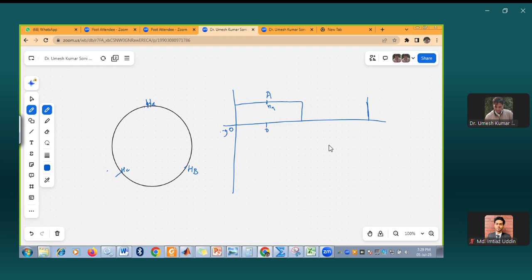This is 90 degree, and this is 270 degree. Sorry, 150 and 270. Okay, is it visible?